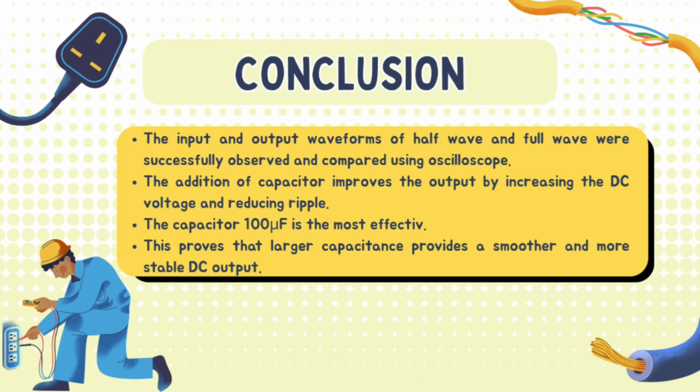The 100 microfarad capacitor was most effective with 17.44 volts in part 4 compared to the 22 microfarad and 50 microfarad capacitors. This proves that the larger capacitance provides a smoother and more stable DC output.